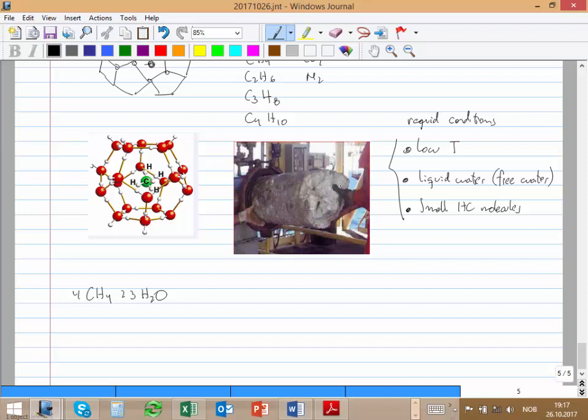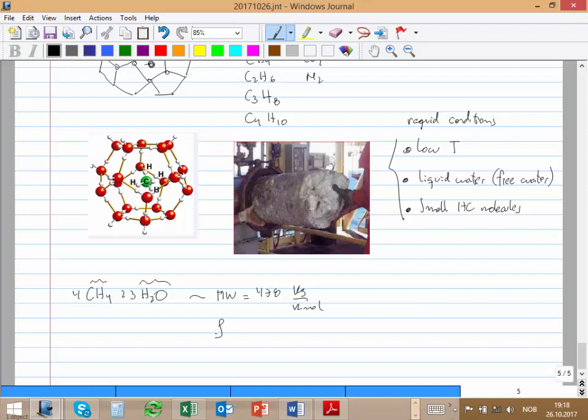Because, as I will show you now, it's a big amount, even though it has only four moles of methane. That's a huge amount for that place. So let's make a very simple calculation. The molecular weight of that, remember, water is 18 and methane is 16, so that gives you more or less 478 kilograms per kilomole.